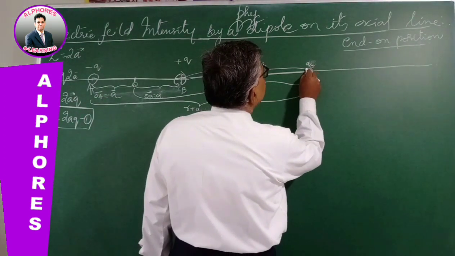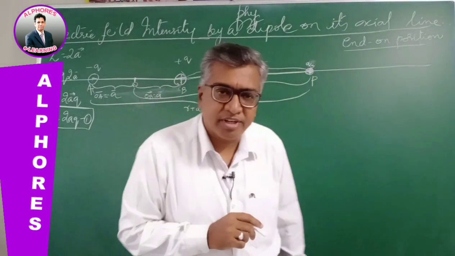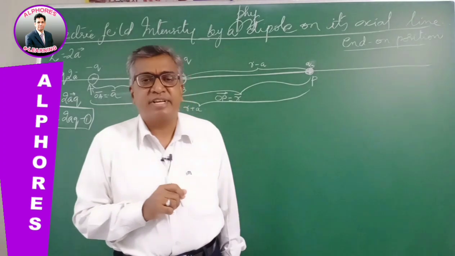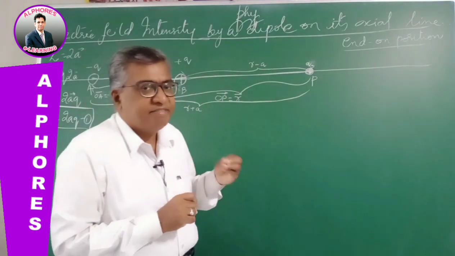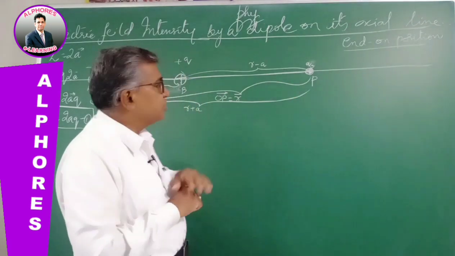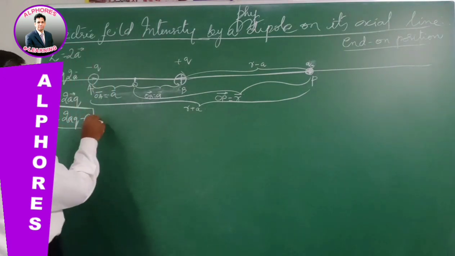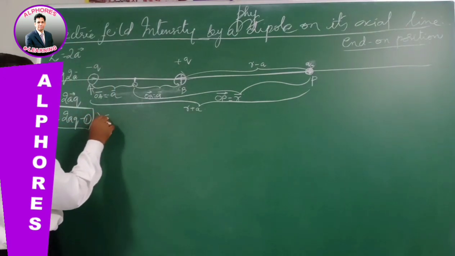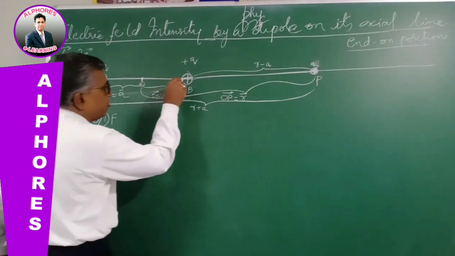Now, what is the electric field intensity on this test charge? According to the definition, it is the force experienced by a unit positive test charge placed at that point in the field. So we have to calculate the force on the test charge due to these individual charges. First, the force on the test charge due to the positive charge.